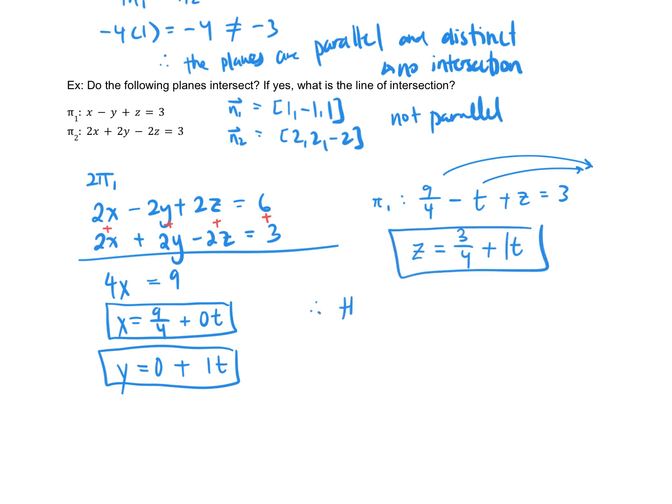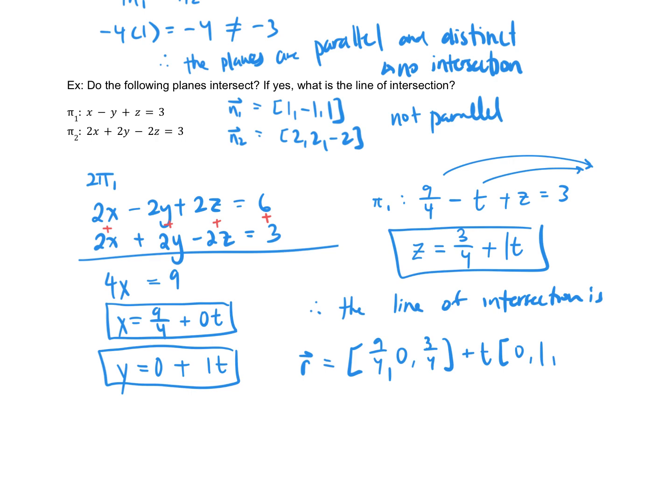So therefore, the line of intersection is, so our vector r0, 9 over 4, 0, and 3/4, plus t times 0, 1, 1, where t is an element of all real numbers. All right.